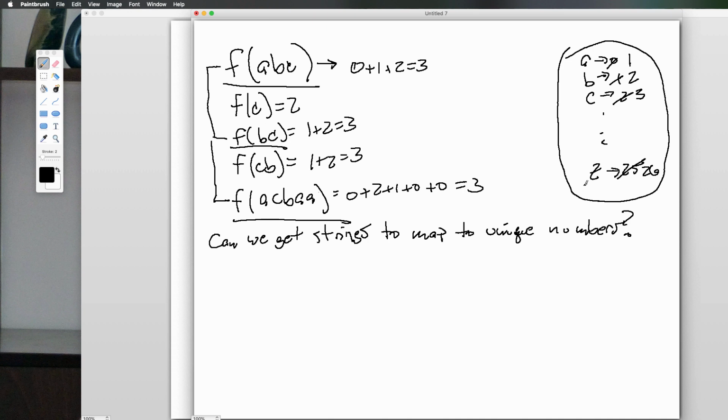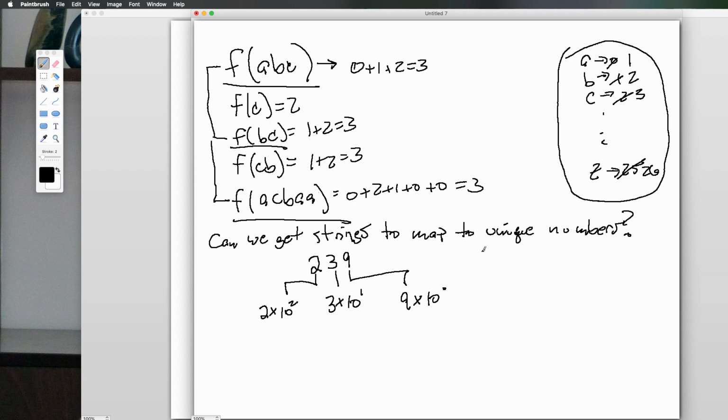And I want you to think about our friends, the integers. If I write down 239, remember that's 9 times 10 to the 0, and this over here is 3 times 10 to the first, and this over here is 2 times 10 squared.